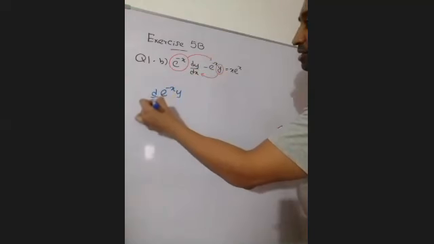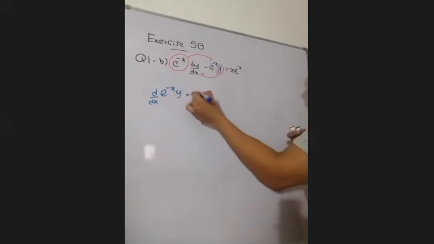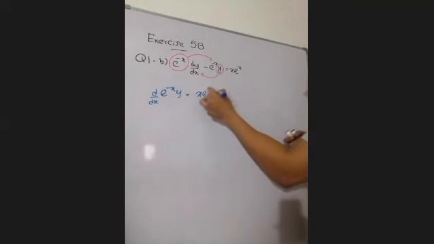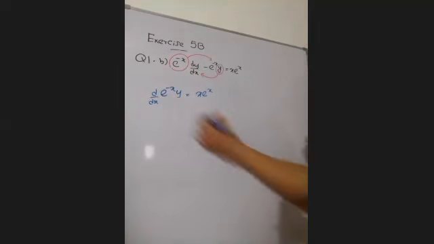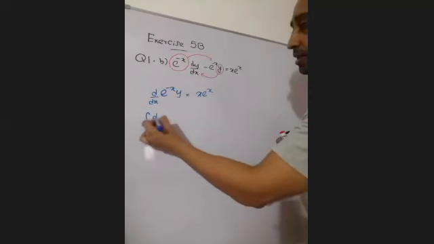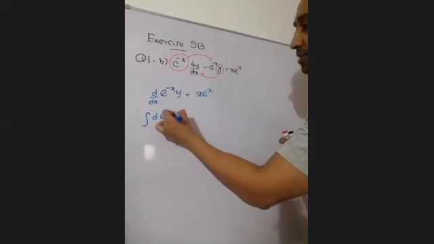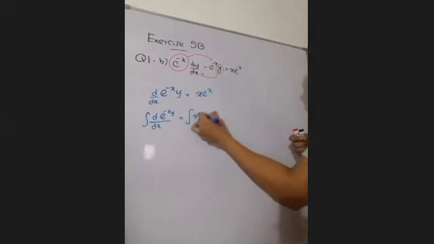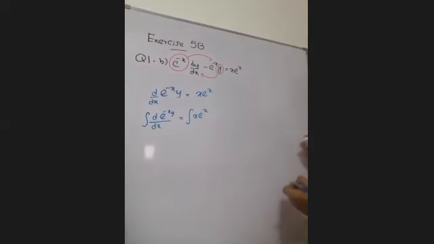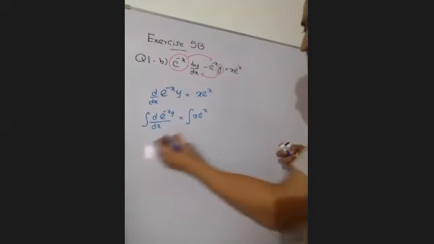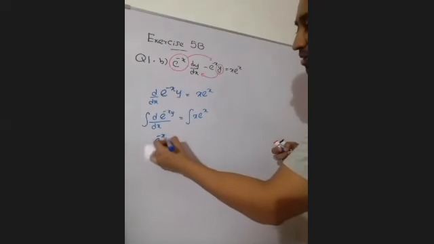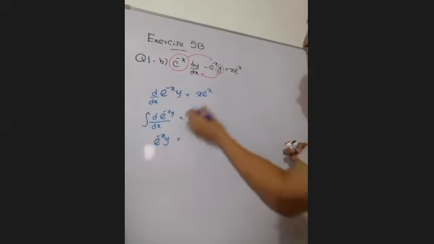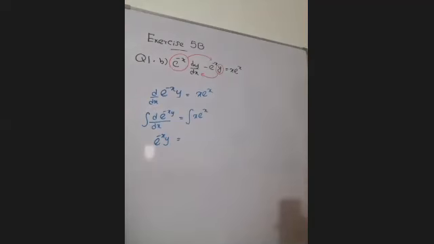Then you can write this expression as d by dx of e to the power minus x y is equals to x times e to the power x. Then you can integrate both sides: d of e to the power minus x y over dx is equals to the integration of x e to the power x. Here the differentiation and integration get cancelled and it turns up to e to the power minus x y.